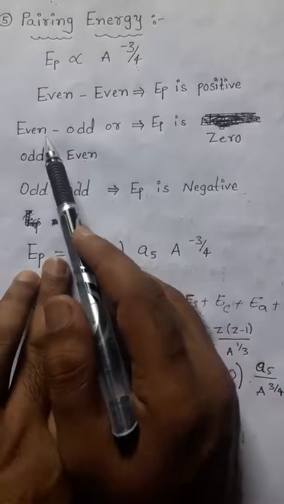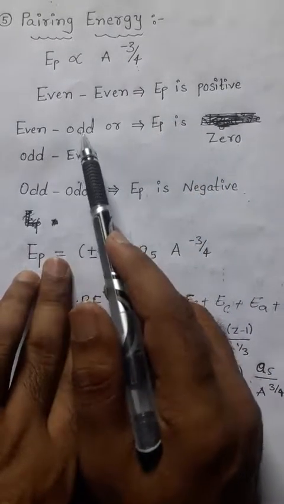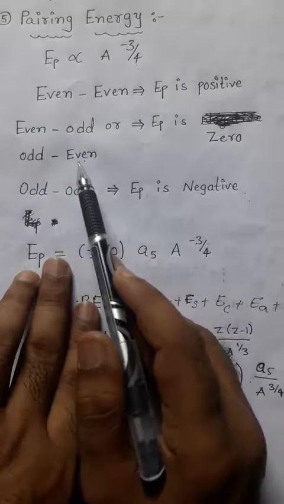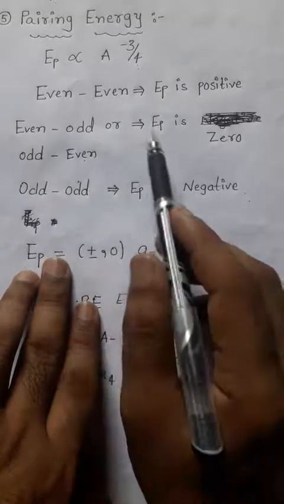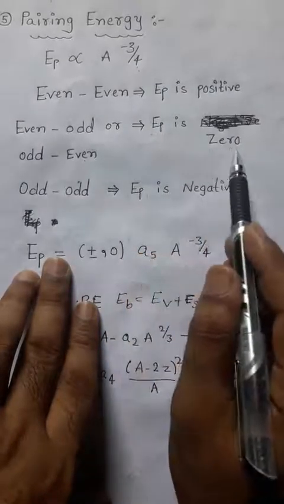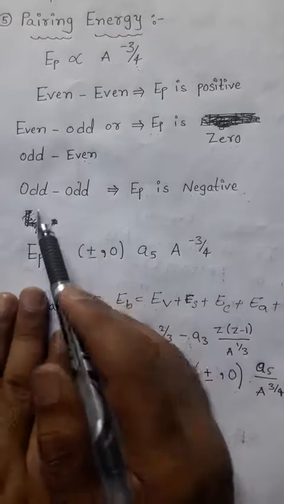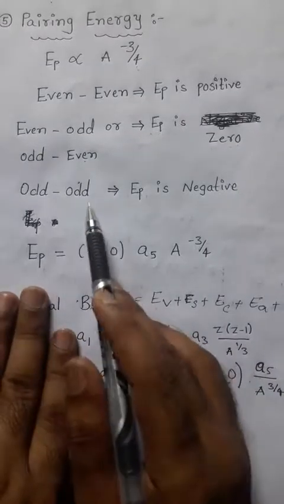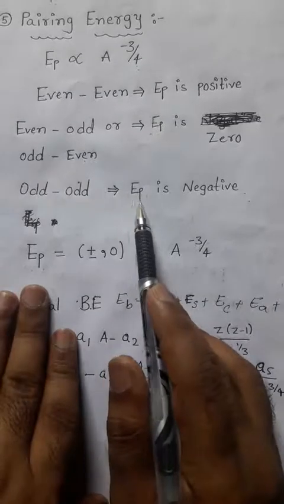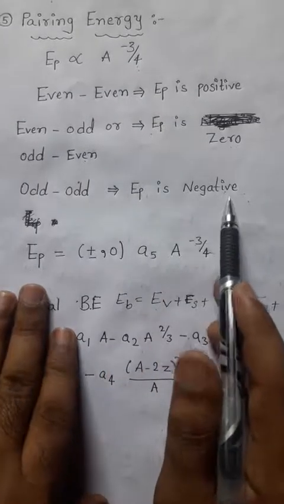If a nucleus has even-odd or odd-even protons and neutrons, then the pairing energy is 0. If a nucleus has odd protons and odd neutrons, then the pairing energy is negative.